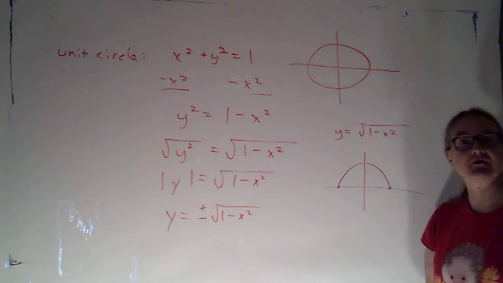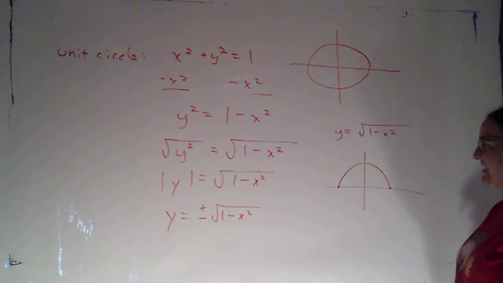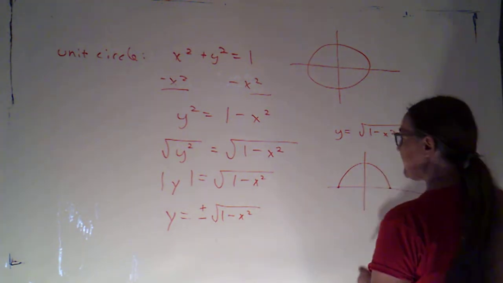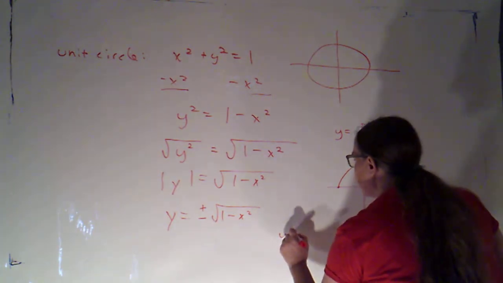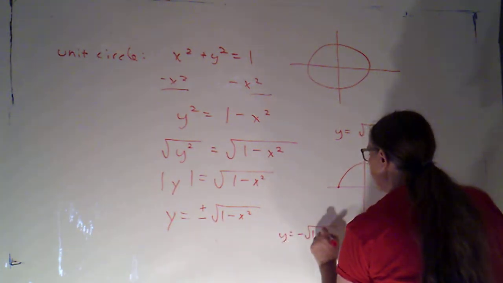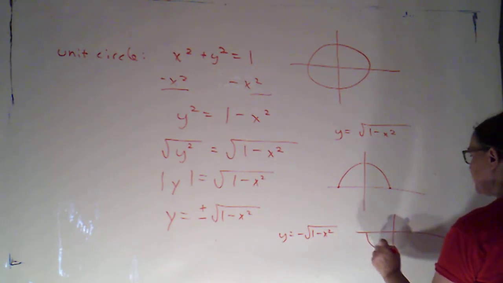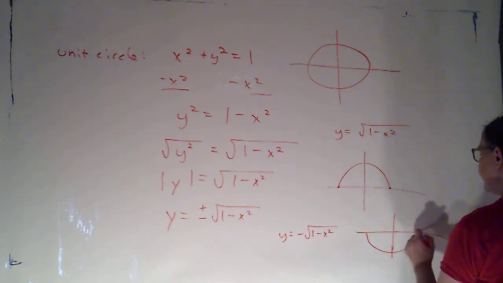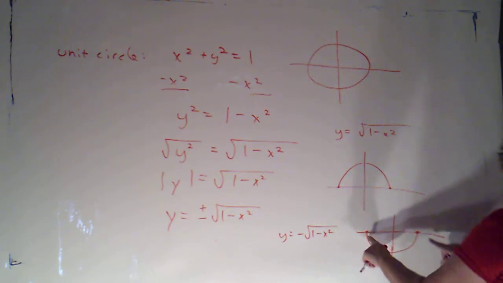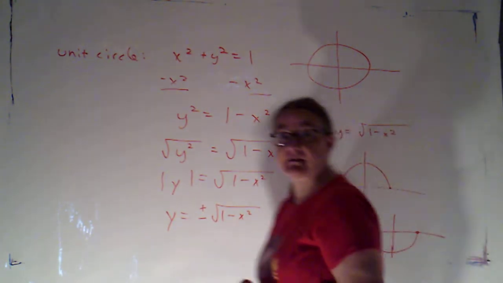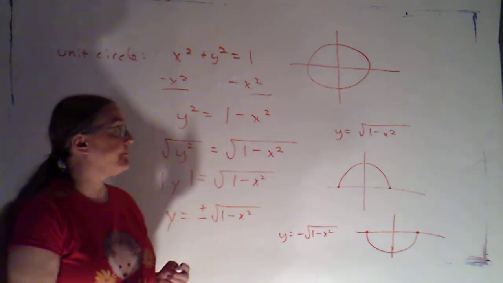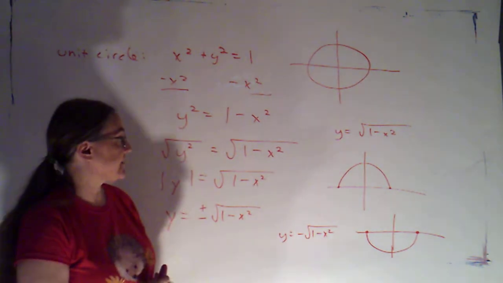Now, the top half of the circle passes the vertical line test. If I were to take my other option, y equals negative the square root of 1 minus x squared, that's also a function. That would be the bottom half of the circle, and it would also include these two points on the x-axis. So those two points would actually be on the graphs of both functions.